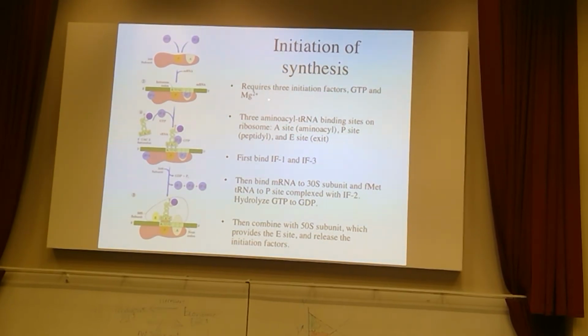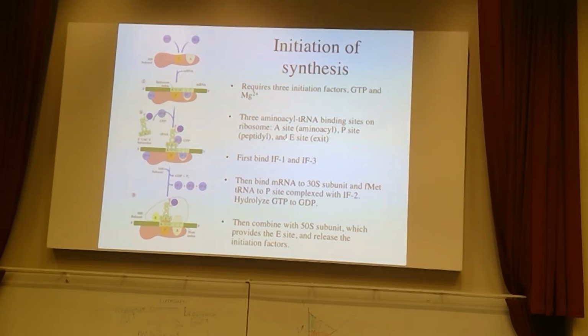It requires 3 initiation factors. These are proteins. We need GTP, this is an energy source, and we need some magnesium divalent cation. The ribosome has 3 binding sites on it for tRNAs.